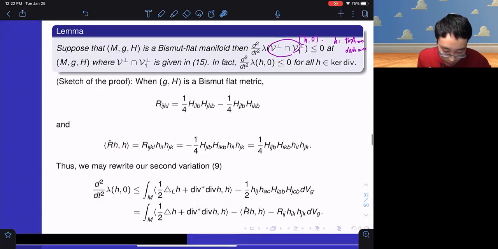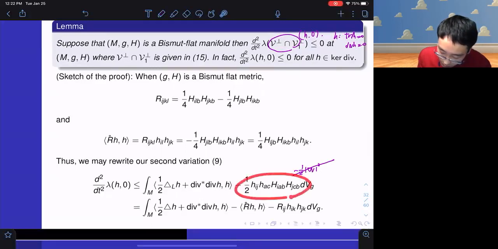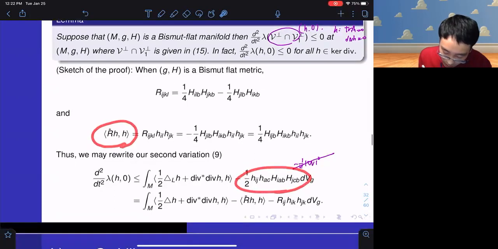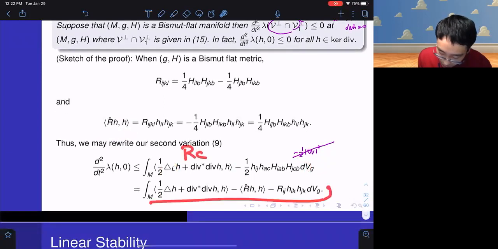So if the K is 0, we only need to consider this quantity. Here I throw away the gradient V term. This term is related to the curvature tensor, and this additional Laplacian contains some quantity in the curvature tensor term and the Ricci part. So after simplification, we have this one.